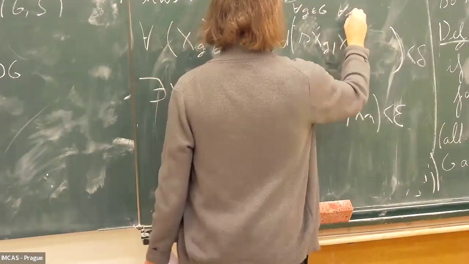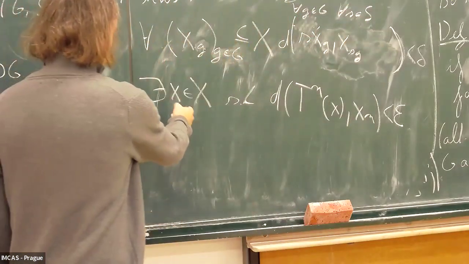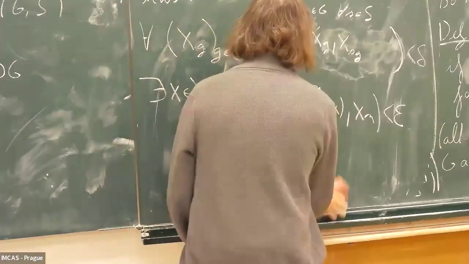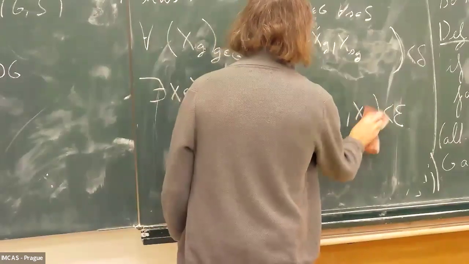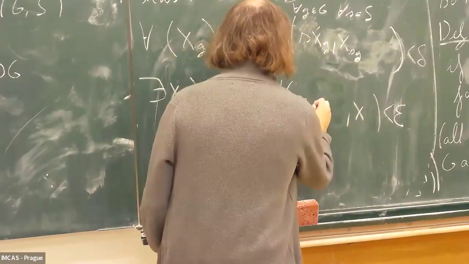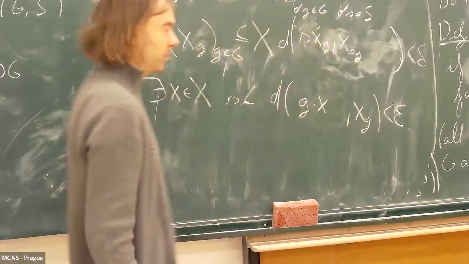And then we can look for a point such that the distance between g x and x_g is small.